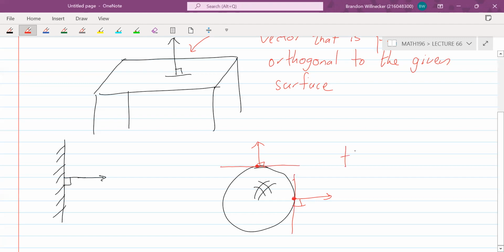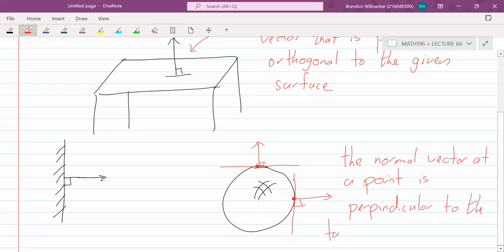So we can say the normal vector at a point is perpendicular to the tangent line.